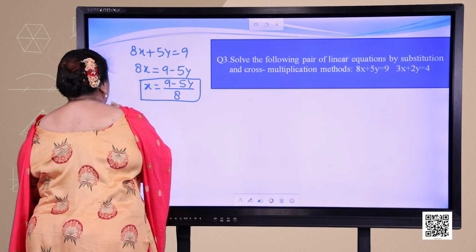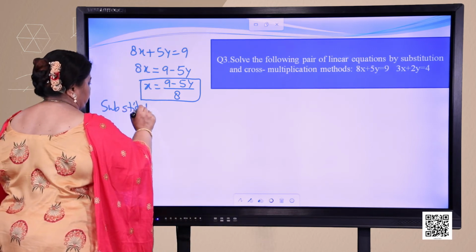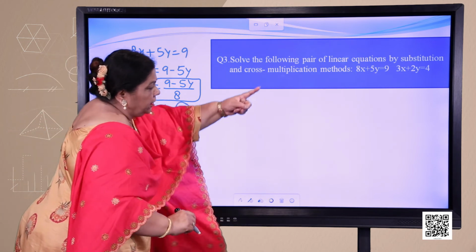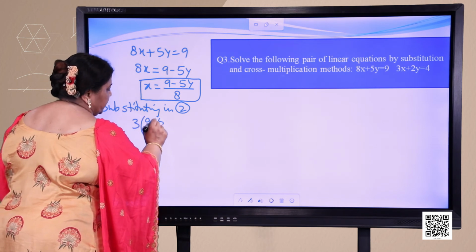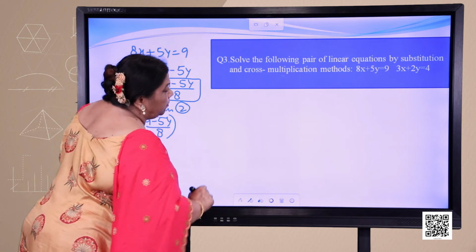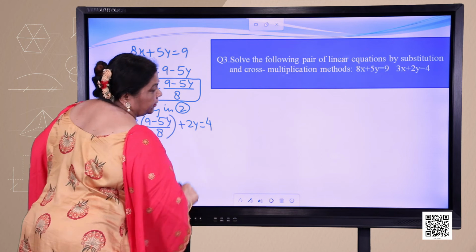Now, substituting in second equation, it is 3 into x. X is 9 minus 5y upon 8 plus 2y is equal to 4.